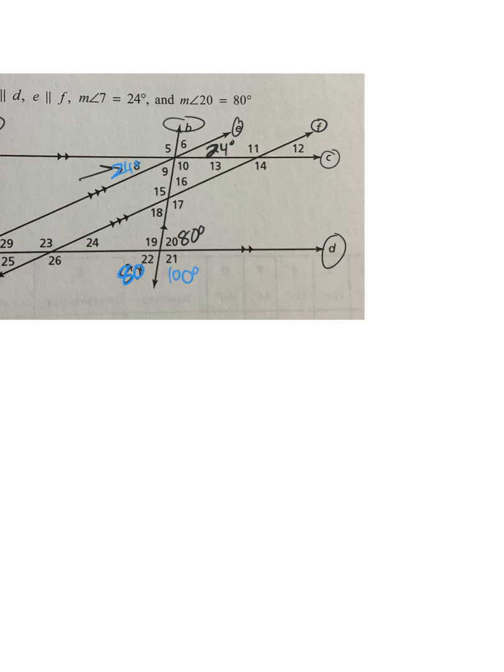I guess I'll use black, it's easier. Okay. What else? 19 is 100. Vertical angles, or a linear pair. How about going across the parallel lines here with angle 24? Come on.